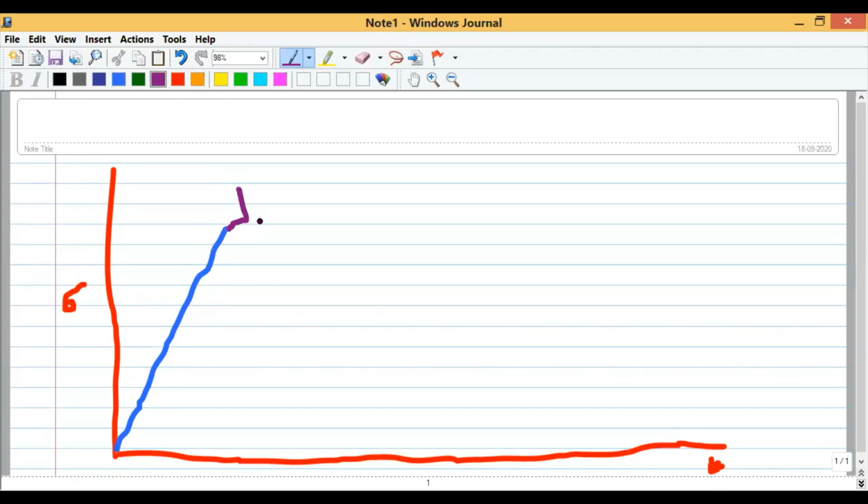And just on the right hand side there will be one point which is represented by the upper yield point, right?